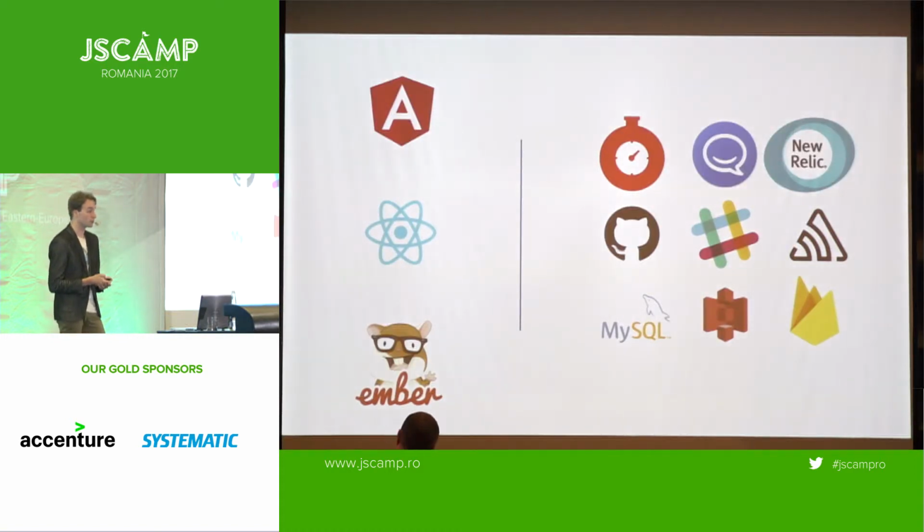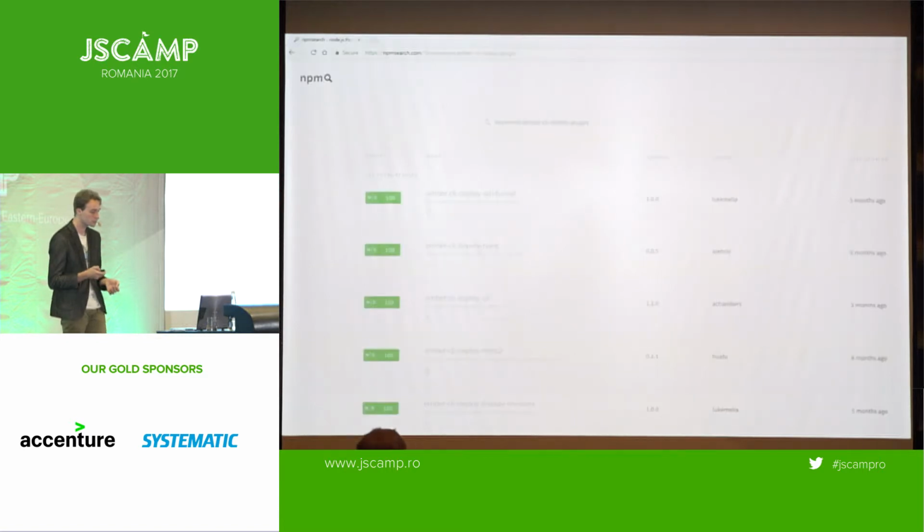DeployJS already works with Angular 1 or AngularJS, Angular, React and Ember, but it's pretty easy to also get it running for Vue if you really like working with Vue. And there's a lot of other plugins also available there, like HipChat, being able to get notifications in Slack, uploading your files to MySQL instead, or uploading it to Firebase.